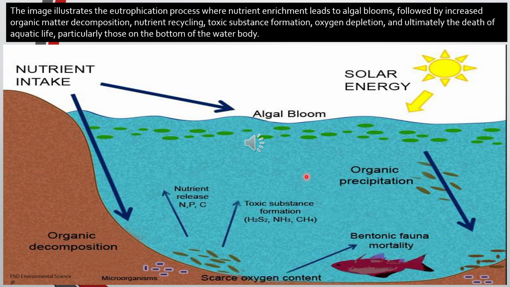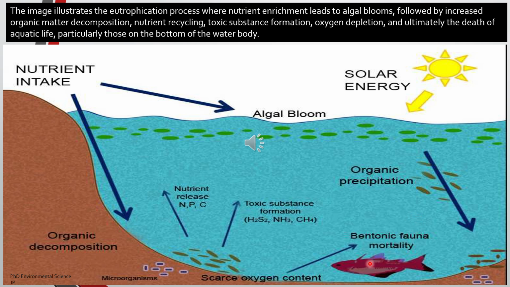The decomposition process depletes the dissolved oxygen in the water, leading to low oxygen conditions. This can further cause stress and mortality in the aquatic organisms which depend on oxygen, particularly bottom-dwelling fauna, or you can say benthic fauna.